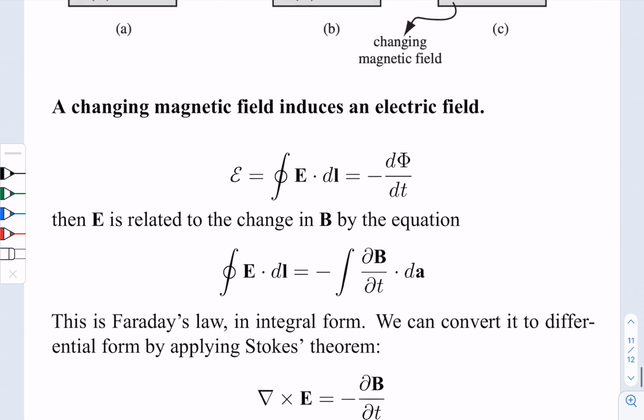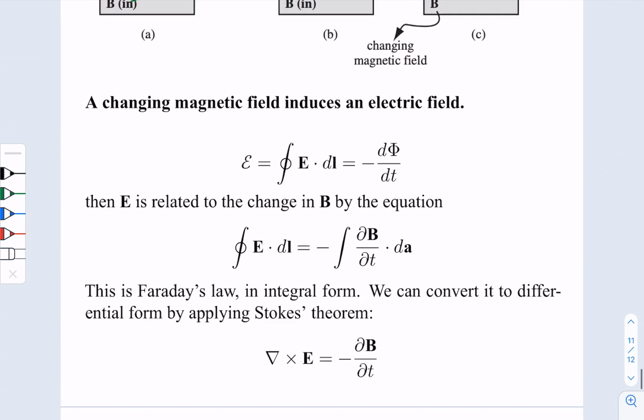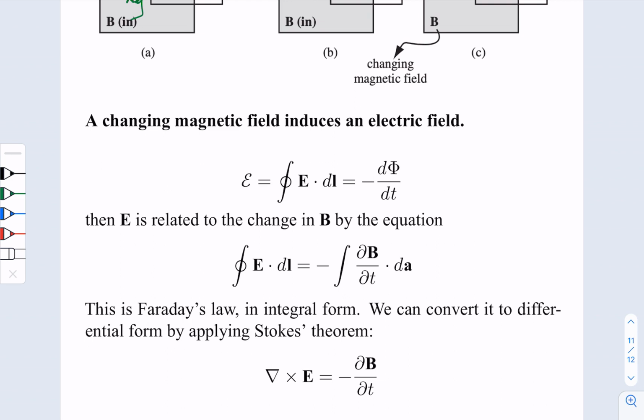So I just wanted to give you a brief overview of what we are going to discuss next on Thursday. What we are going to do is get more familiar with Faraday's law in Maxwell's equations.